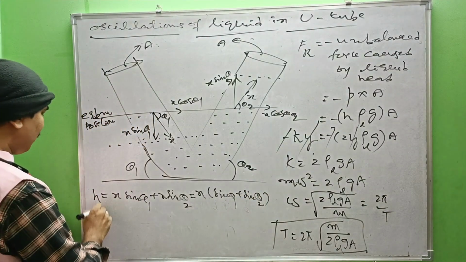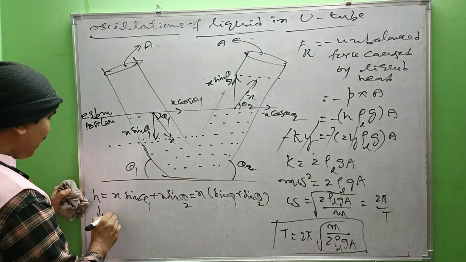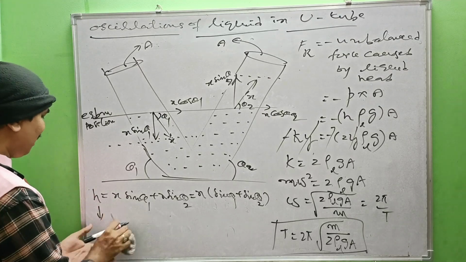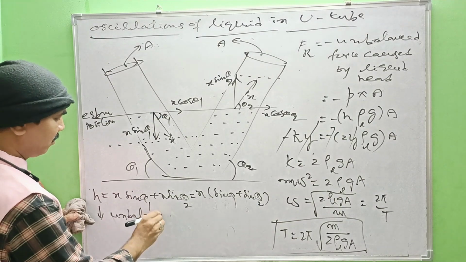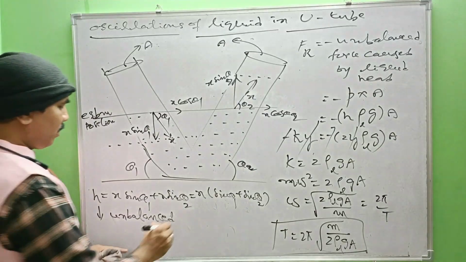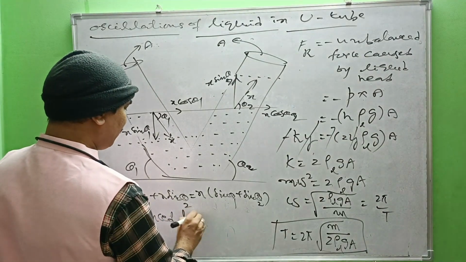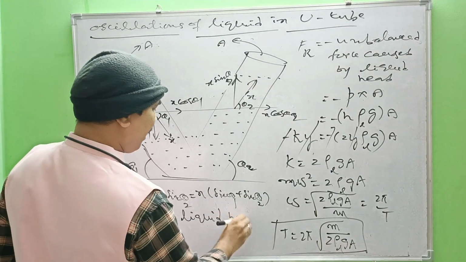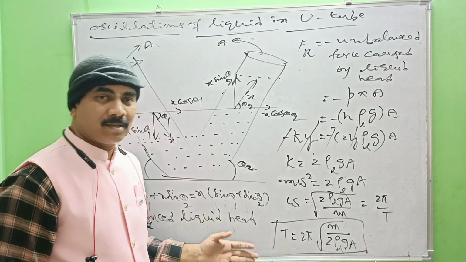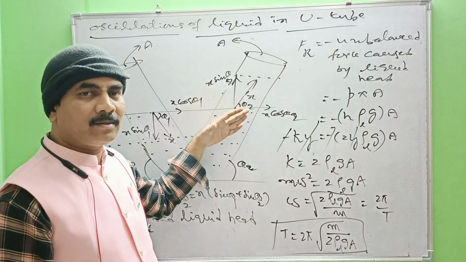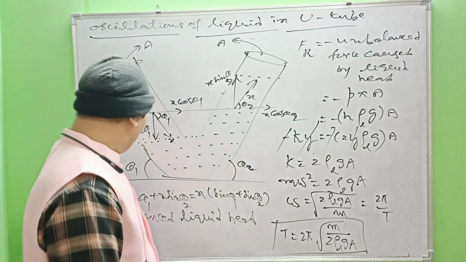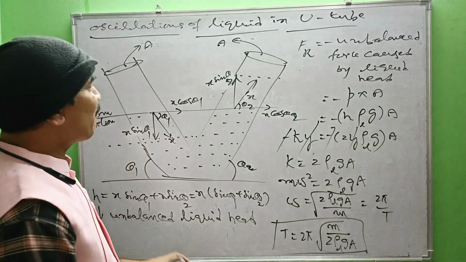In the previous case it was y plus y, 2y, but here it is x sin theta 1 plus x sin theta 2. H is the unbalanced liquid head, which causes the remaining portion of the liquid to get back to its initial position.